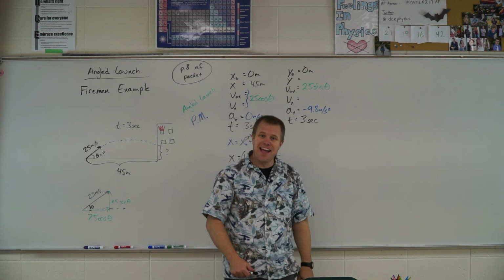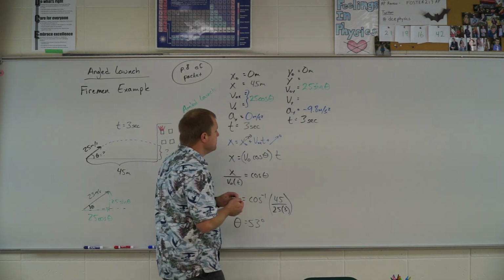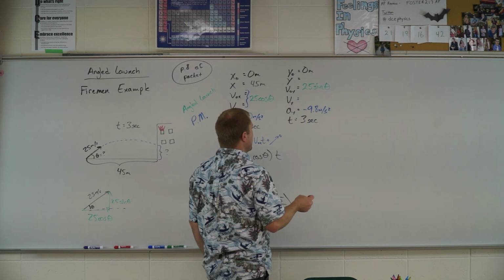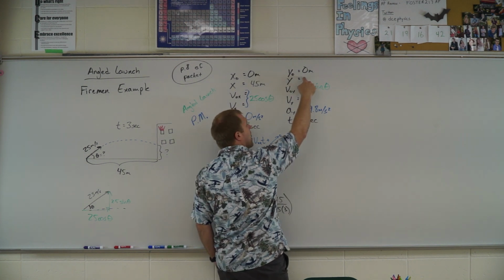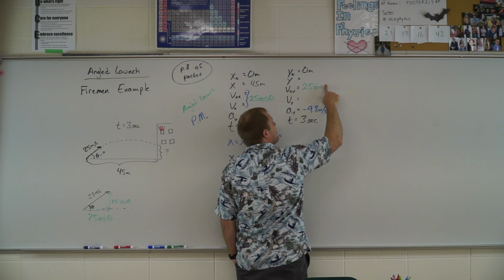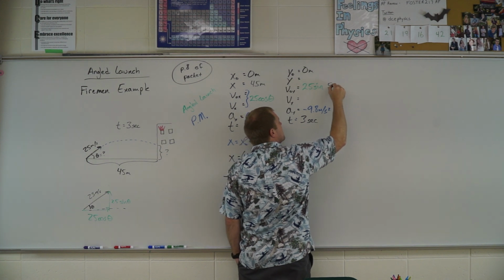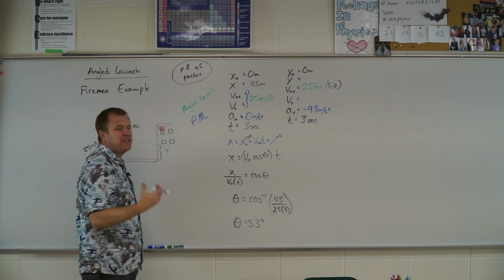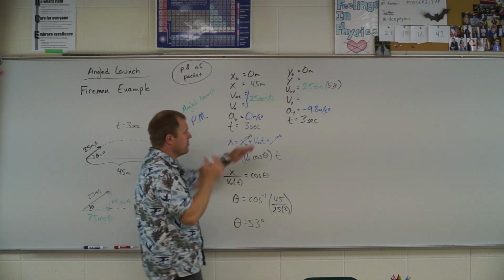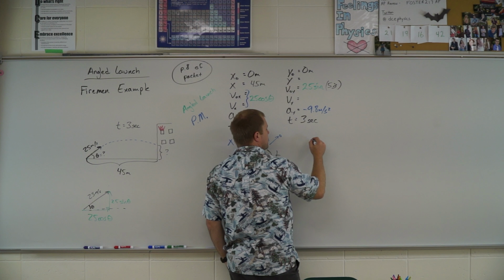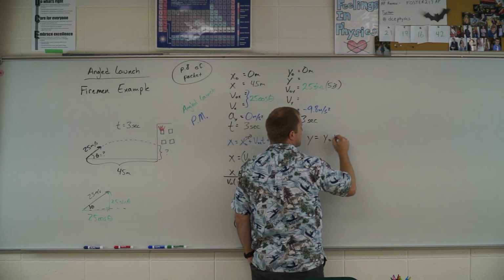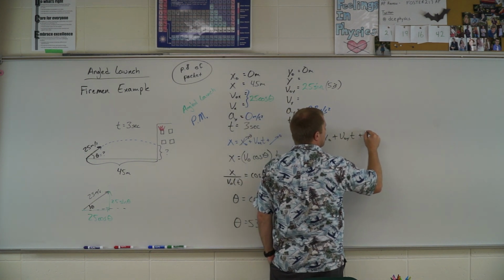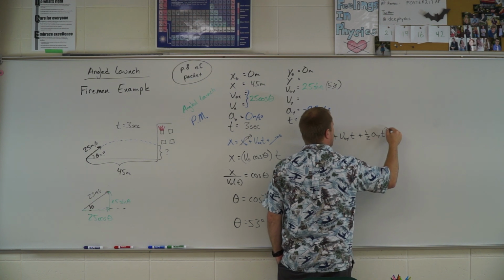We want to find the height that it reaches the building at. In order to find that height, we are trying to find Y. We do know theta now, the 53 degrees. I want to find y, but I don't know Vy, so I'm going to pick an equation without V final. That would be equation number 2. So y is equal to y naught plus V naught y t plus 1/2 a y t squared.